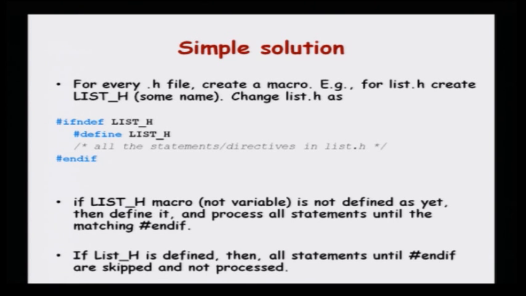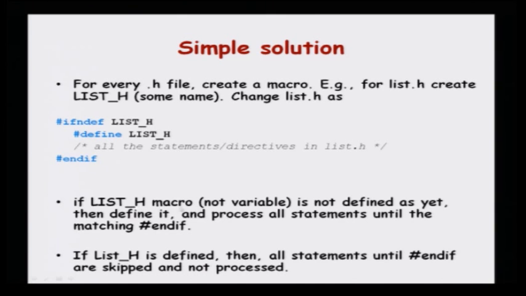So, now when list.h is included for the second time, the C preprocessor will look at this statement, #ifndef LIST_H. That has been defined because p1.h has already caused it to be defined. So, it says that okay, LIST_H is defined, so I will skip the entire thing until #endif. So, this is one way to do that.